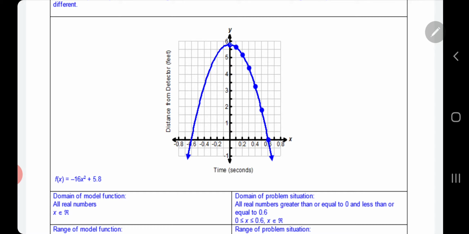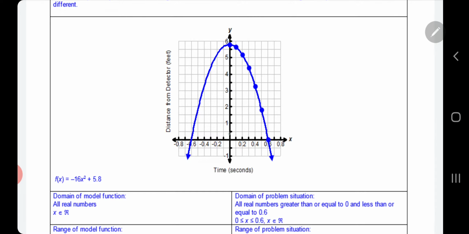Our range, once again looking up and down, or in this case, our distance from the detector. Well, we start at 5.8 because he drops the ball from 5.8, and, of course, until it gets to the detector at 0.